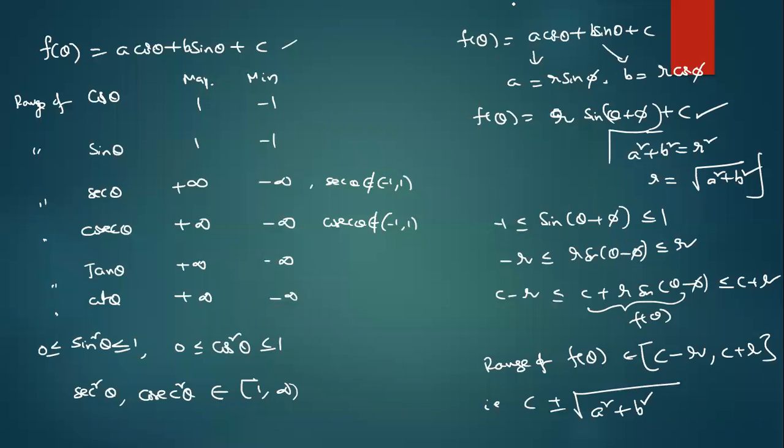Now I'm proceeding to the next slide. Based on this, how will they ask? For example, first I'm giving easy level questions, dear students. Find the maximum and minimum of 3 sine theta minus 4 cos theta plus 7.